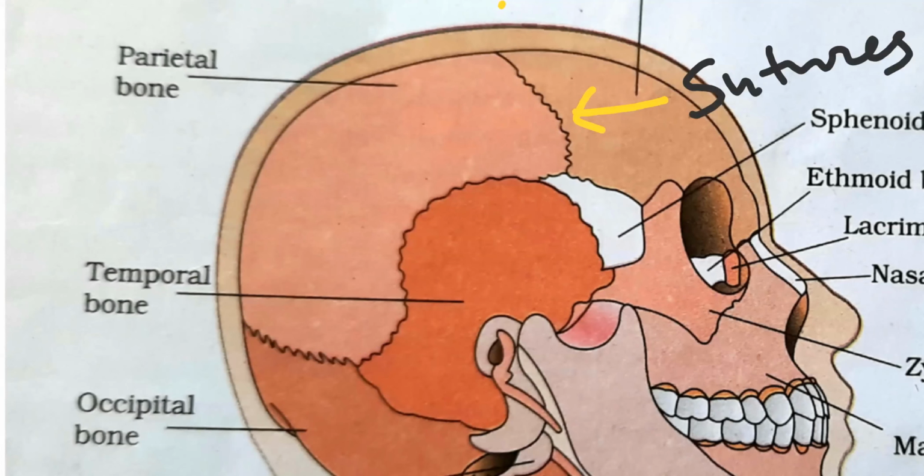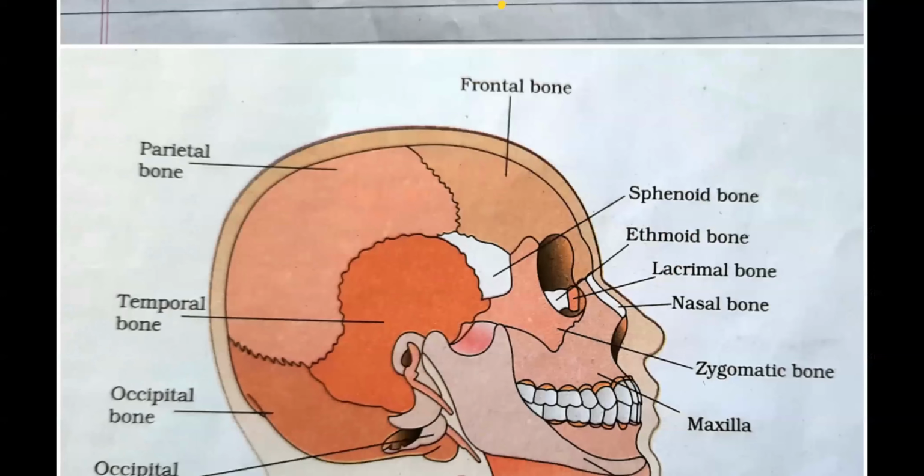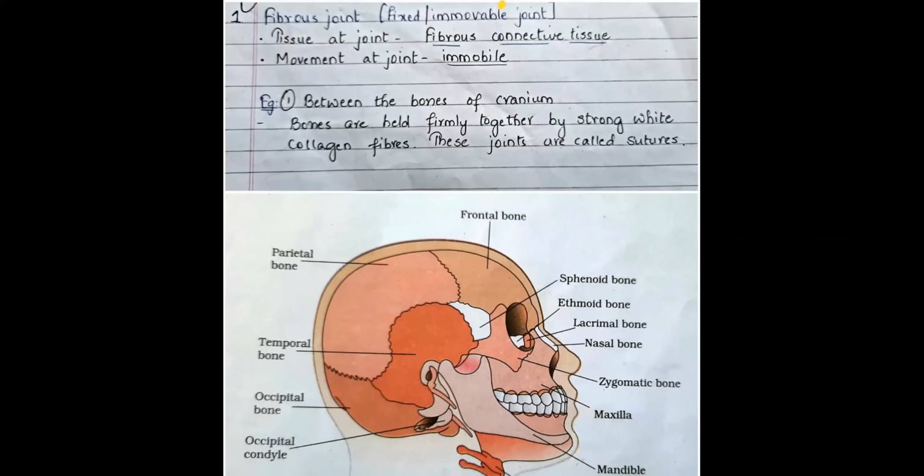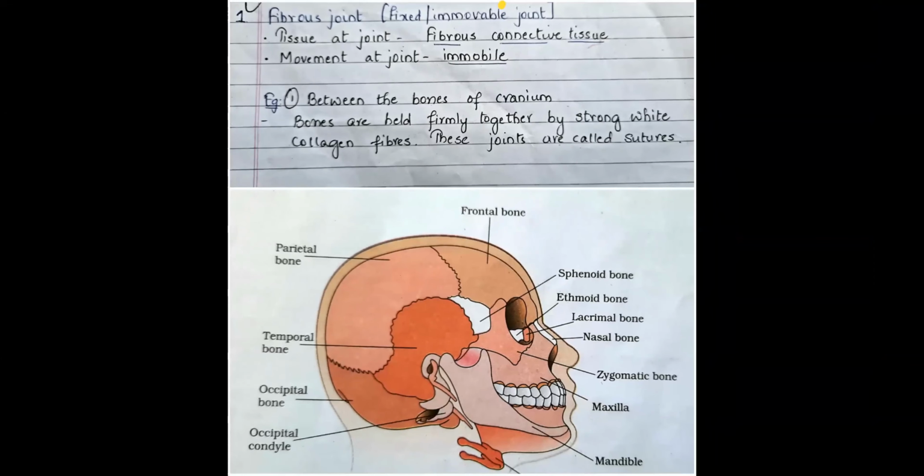I repeat about the first category of the joints which you have studied just now. Number 1, fibrous joints. Between the bones at the joint position, one can see the dense fibrous connective tissue.